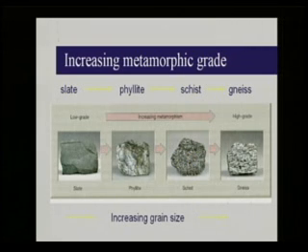Slate occurs at the lowest temperature and pressure constraints, and then as we move up we get high-grade metamorphism in gneiss. You can't see the individual crystals without a microscope with either slate or phyllite. In schist, the foliation is apparent, and in gneiss, the rock is banded as lenses or layers of the minerals accumulate with increased foliation.